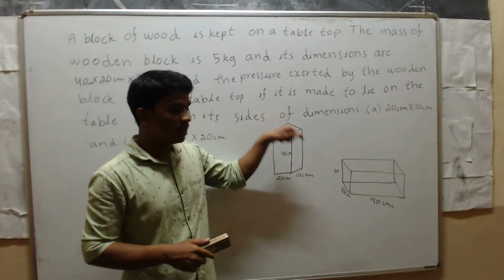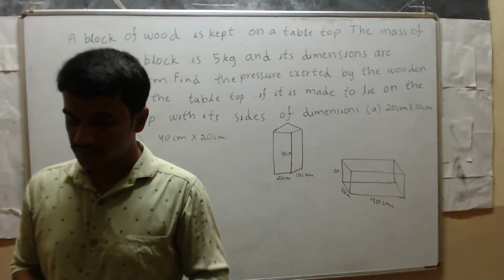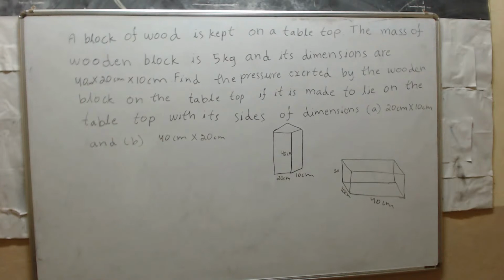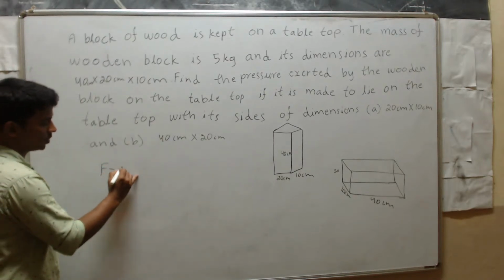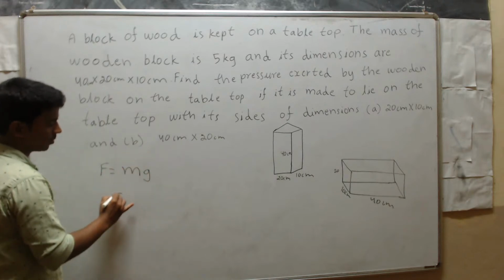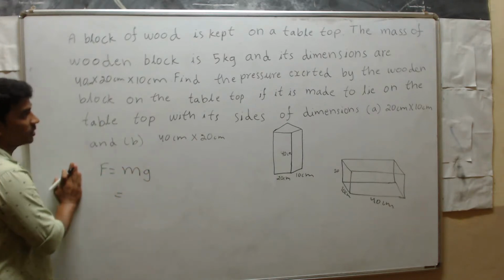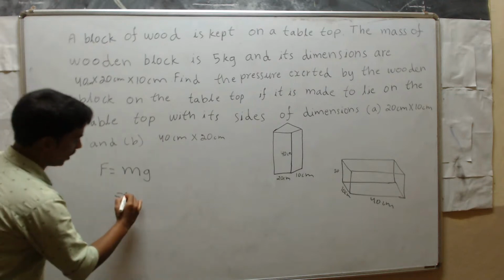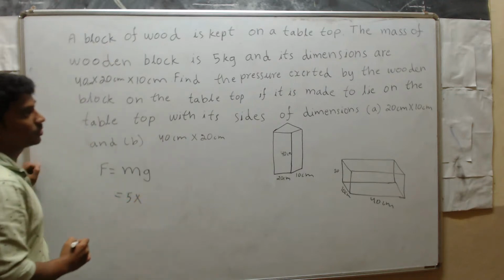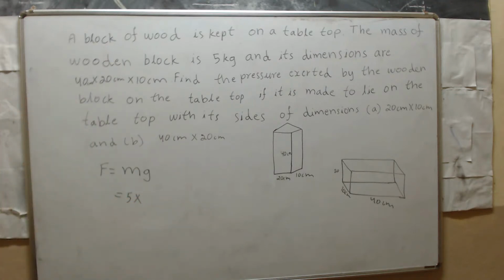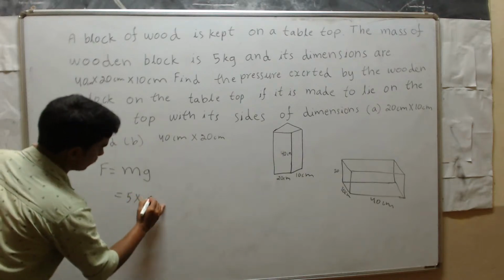Force means what? Downward force. How to calculate that downward force? We have the formula to calculate force, that is F is equal to m into g. Here m means mass, that is 5. Then g is 9.8, that is acceleration due to gravity.